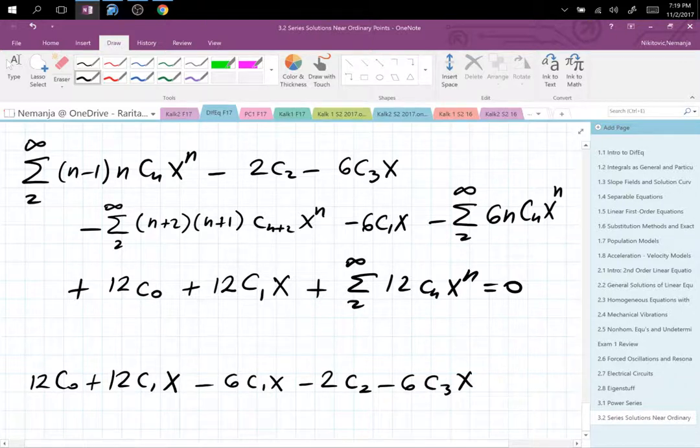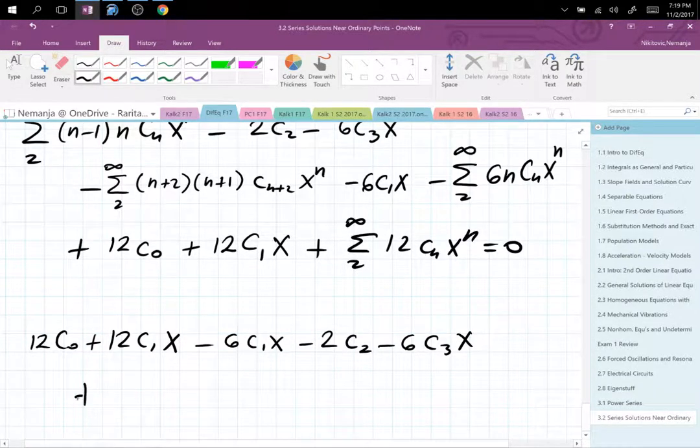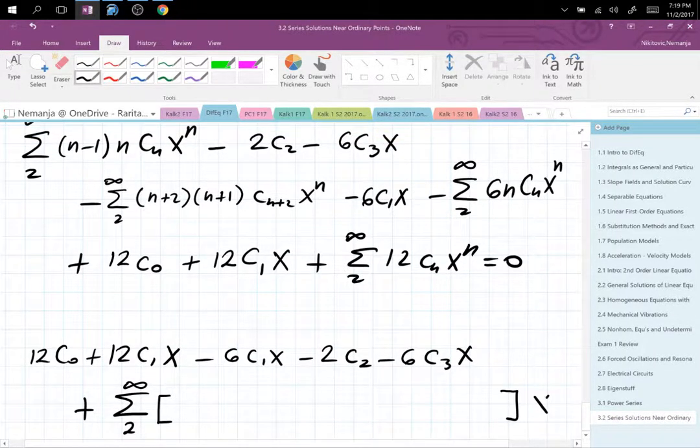These are all terms that we peeled off. And now, plus the single summation from 2 to infinity, and in here goes all of the stuff that we have, with x to the n at the end.